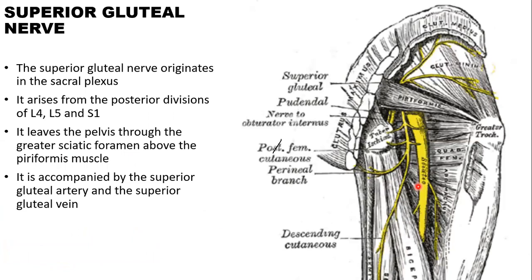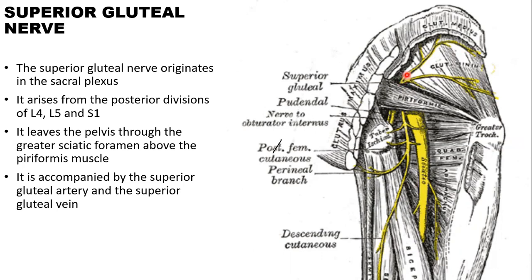So the superior gluteal nerve. It originates from the sacral plexus, which I've already talked about. It arises from the posterior divisions of L4, L5, and S1. So the superior gluteal nerve is that nerve there.